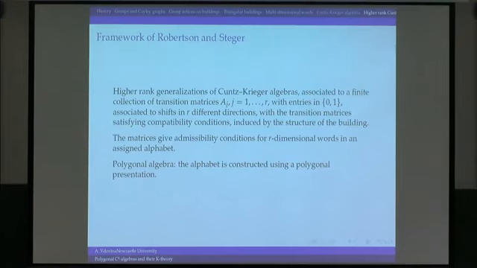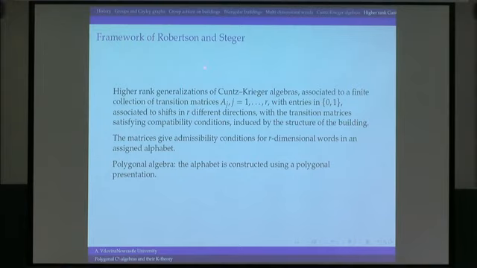And that's why I called them polygonal algebras for the two-dimensional case, because we have this polygonal construction, polygonal presentation, and then you use the words from there to define your algebras. But of course it can work for any dimension. We can get such polyhedra for multiple dimensions.